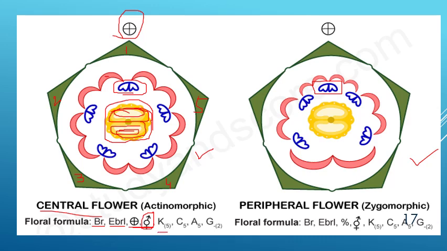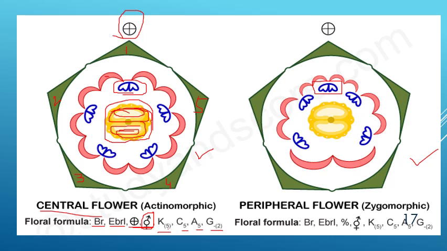Then here we have the calyx. The number of calyx is 5. Then we have corolla. The number of corolla is 5. Then we have androecium. The number of androecium is 5. And then we have gynoecium, and the number of gynoecium is 2. The bracket indicates that the two carpels are fused together.